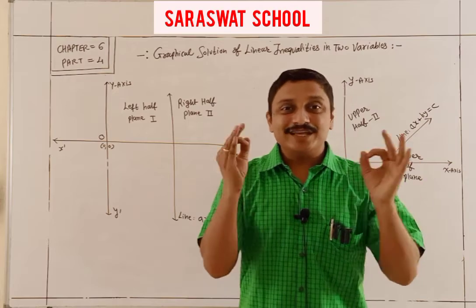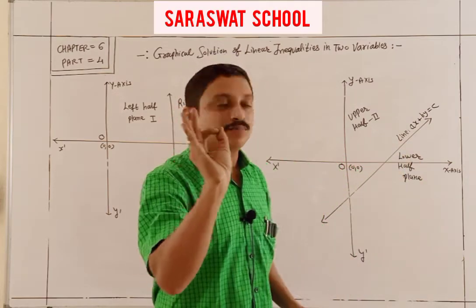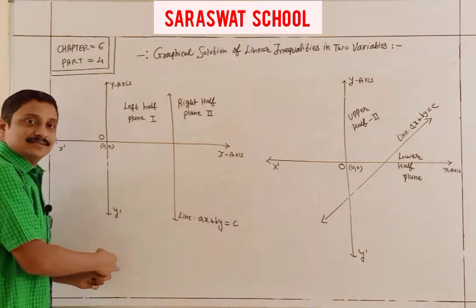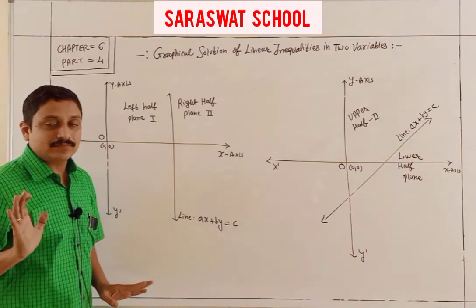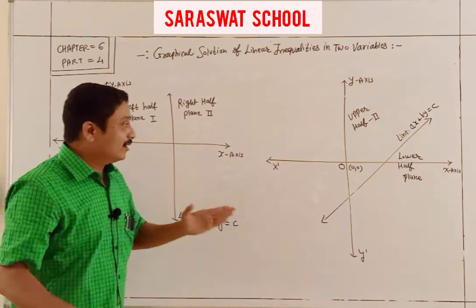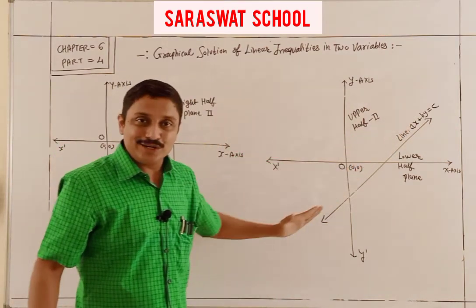Okay. So here, students, there are two types. With the x-axis and y-axis, the line given may be vertical, may be horizontal, or may be neither vertical nor horizontal.